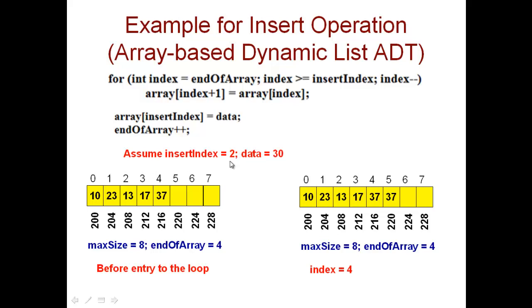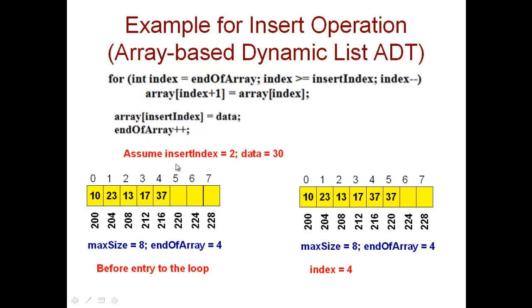Let us say insert index is 2. So we'll start with index equals end of array, which is 4, and so index is 4, and is it greater than or equal to insert index, which is 2? The answer is yes. So we'll get inside the for loop, and you see what I'm doing here. I'm saying array of index plus 1 equals array of index.